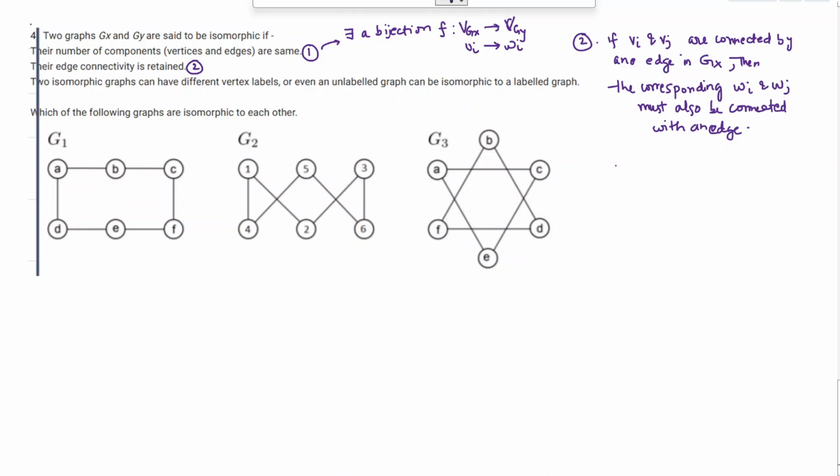And the third one says, okay, so these are the two primary conditions, and then they say that two isomorphic graphs can have different vertex labels, which means in one graph you can have labels 1 2 3, in the other graph you can have labels a b c. In the other one you can have say v1 v2 v3. The labels can be different but the structure should be the same. That is the idea, right.